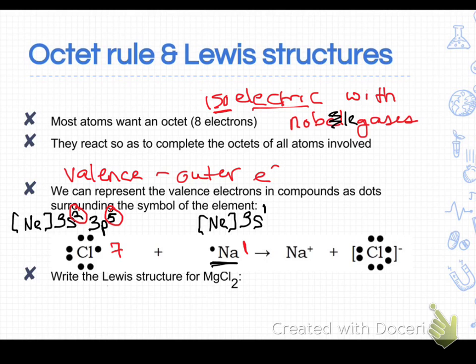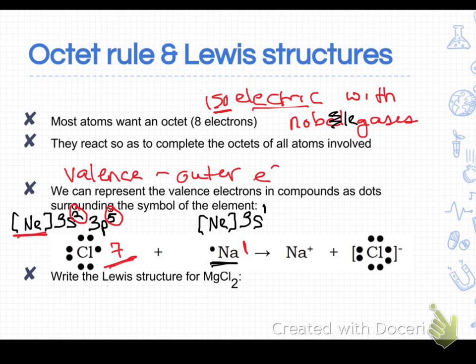Chlorine has 7, so I have to ask myself, would it be easier for chlorine to gain 1 more electron from somewhere, or would it be easier to give up 7 so that it would just be this neon core? And the answer, of course, is it's much easier to gain 1 electron than it is to give up 7.